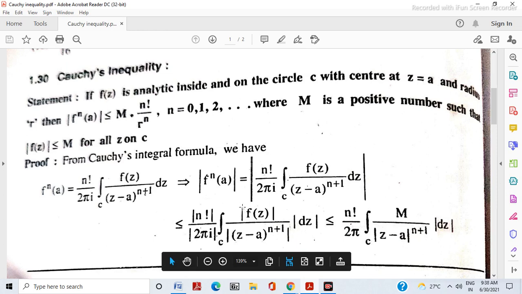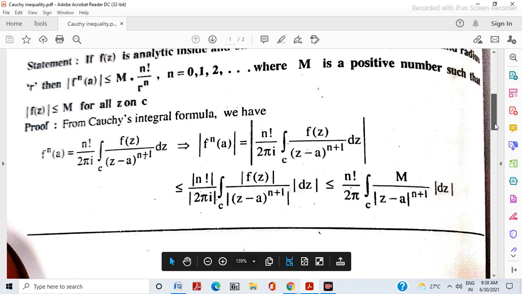But it is given that modulus of f of z is less than or equal to capital M, divided by modulus of (z minus a) power n plus 1 into modulus of dz. Now we should get modulus of z minus a.